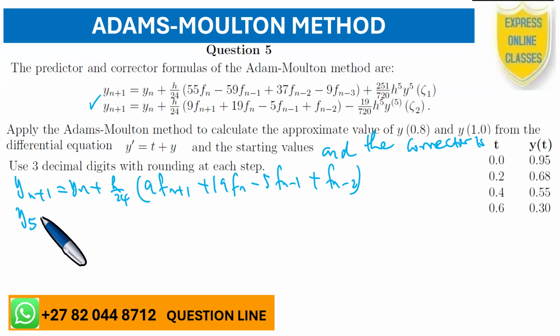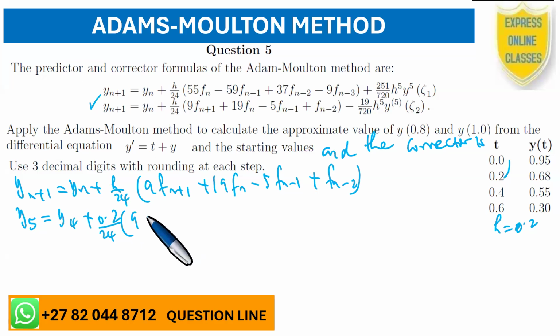We're doing F5 for the corrector because we did F5 for the predictor. So this is exactly Y4 plus 0.2, which is the step size h, divided by 24, times 9F5 plus 19F4 minus 5F3 plus F2.